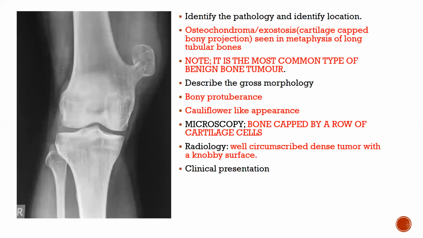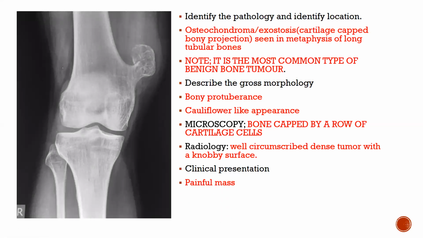What you get to see with benign tumors is that they are very painful actually. Usually malignant ones are less painful compared to benign ones. Benign ones are very painful, and that's what brings the patient to the hospital most of the time.